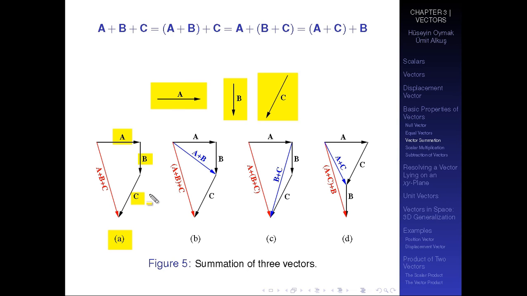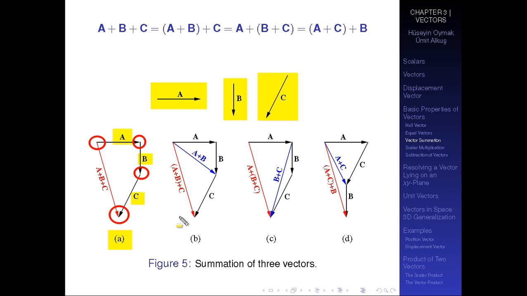The tail of B is placed at the head of A, and the tail of C is placed at the head of B. The tail of the resultant vector is placed at the tail of A, and the head of A plus B plus C is placed at the head of C.